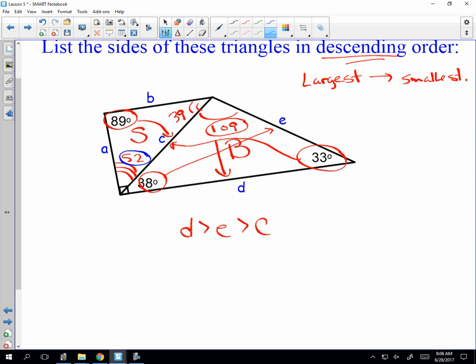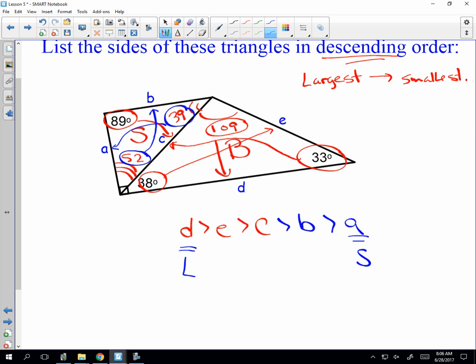We've got the 52 is the next largest side, our next largest angle, which is across from B, the next largest side, and then finally 39, the smallest angle in the smaller of the two triangles, which is across from A, which is our smallest piece. So this is descending order. D is the largest of the sides in the diagram, and A is the smallest.